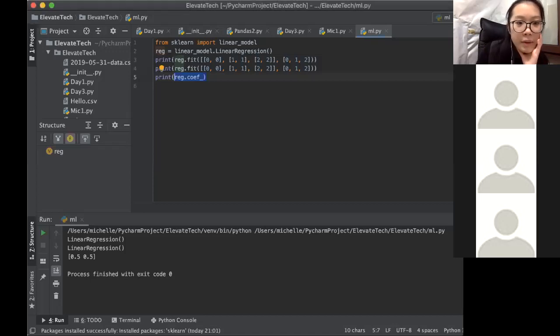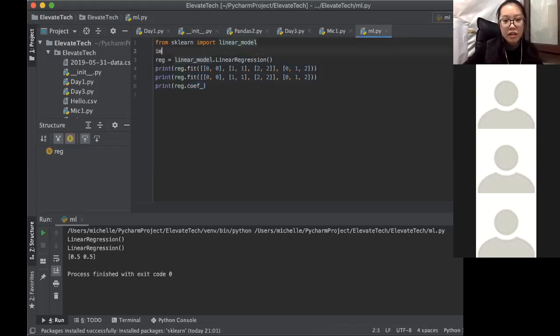So basically, if you have data from a website, you import pandas as pd, and then you create a data frame.